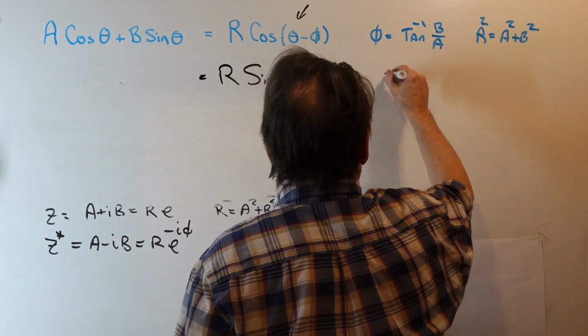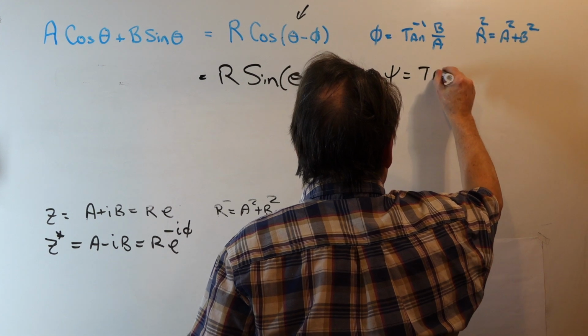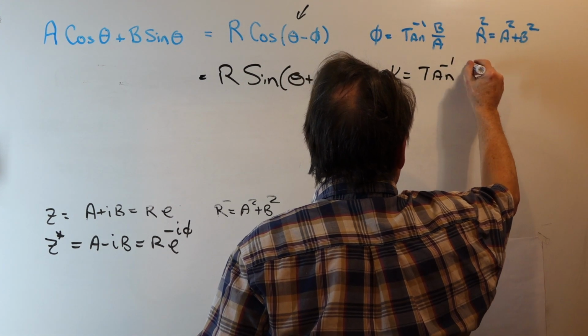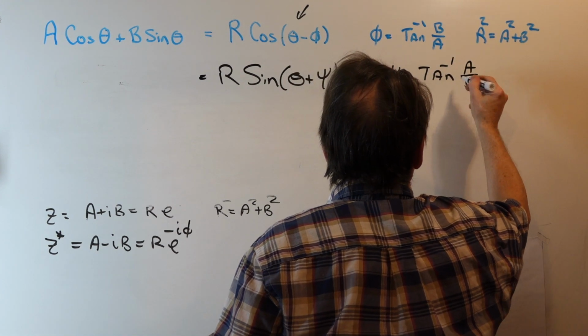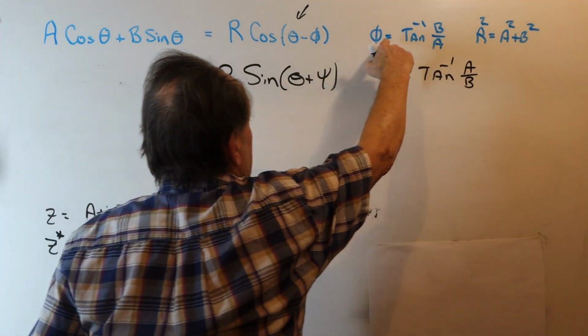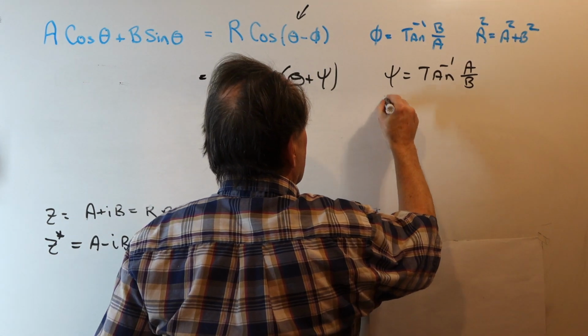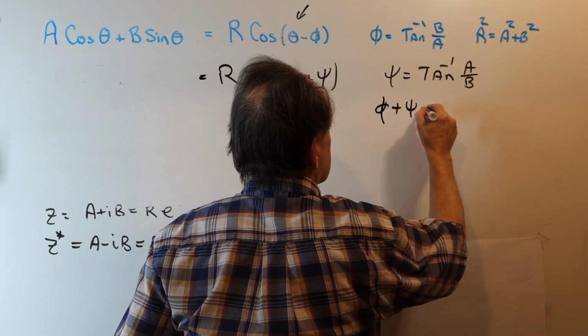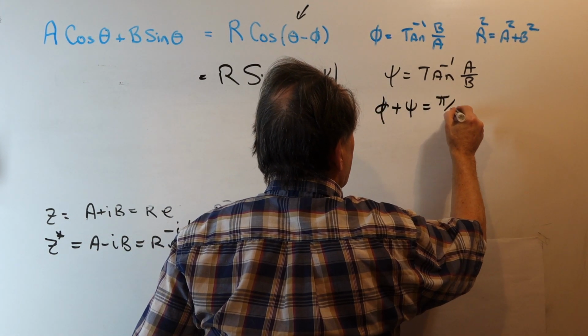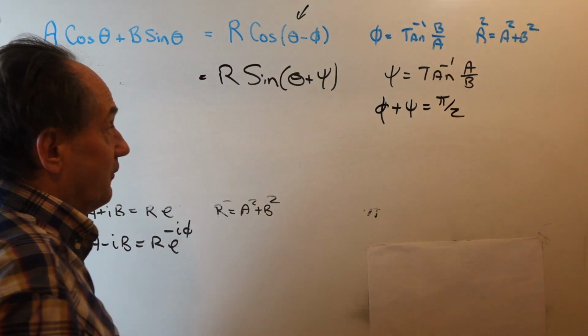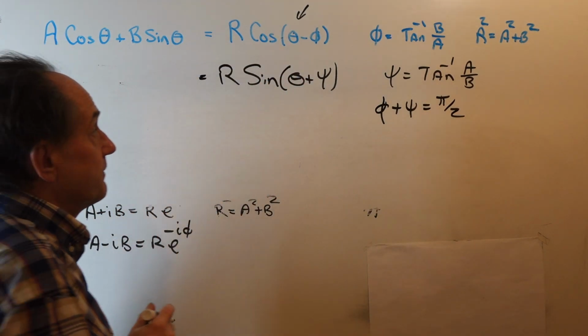and psi will be the arctangent of a over b. So phi and psi are complementary angles. That is, phi plus psi equals pi over 2. They sum to pi over 2 or 90 degrees.